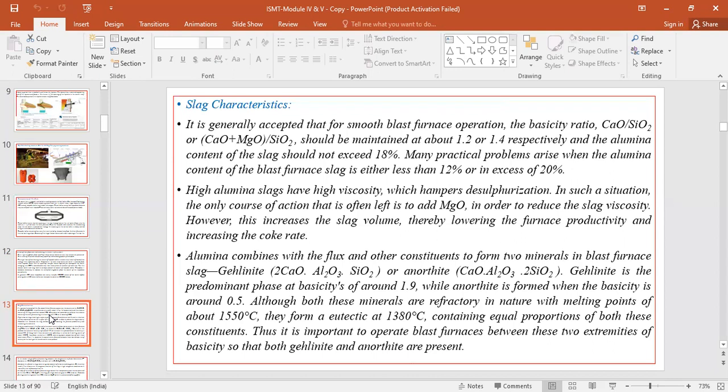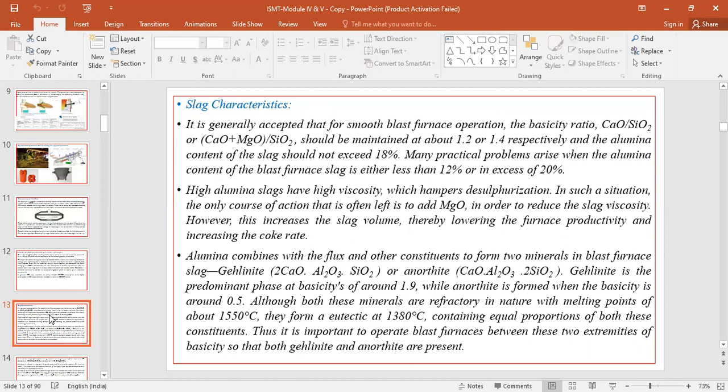For blast furnace slags to have good fluidity, we maintain the basicity of the slag at around 1.2 to 1.4, and the alumina content should not exceed 18%. In Indian blast furnaces, the Al2O3 content in the slag ranges from 18 to 20%, and in rainy seasons it may extend two more percent.